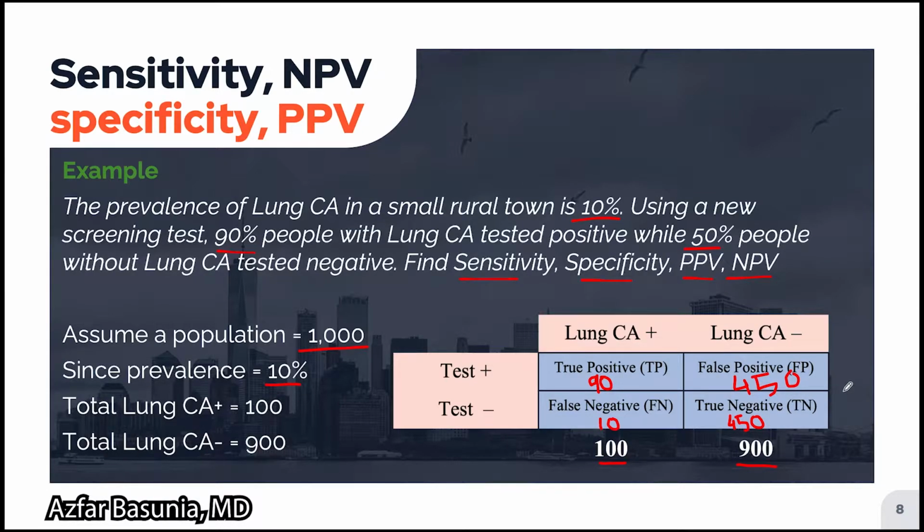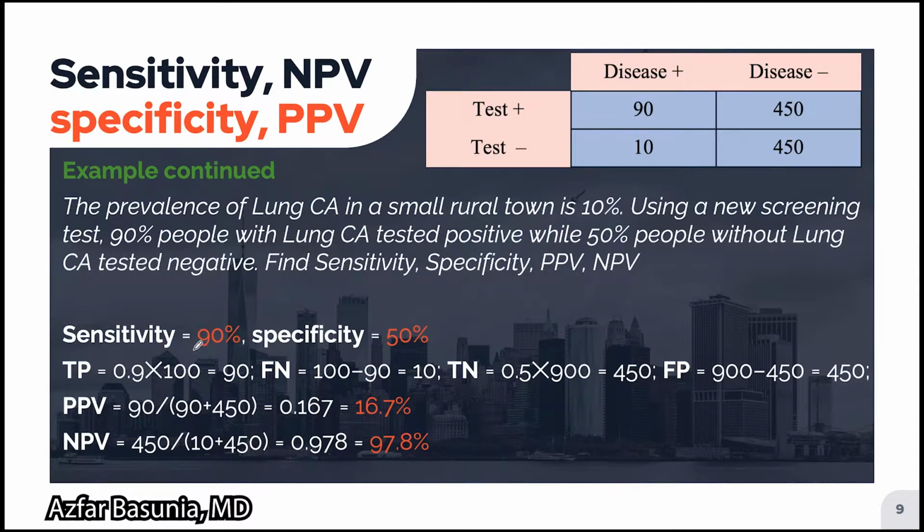This completes our 2x2 table, and we are ready to calculate the positive and the negative predictive values. So far, we've figured out the sensitivity and specificity from the question prompt, and we have completed our 2x2 table. Next, to calculate the positive and the negative predictive values, we can use our mnemonic UP.